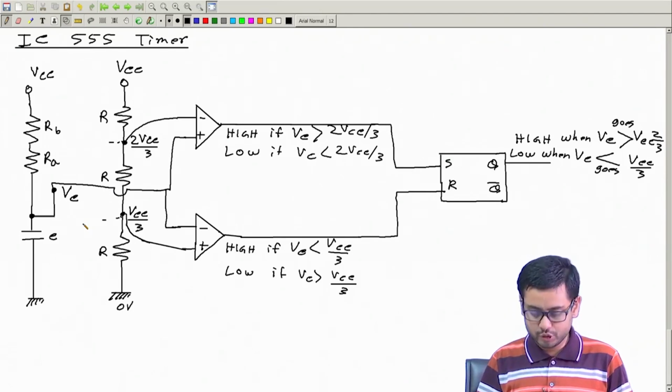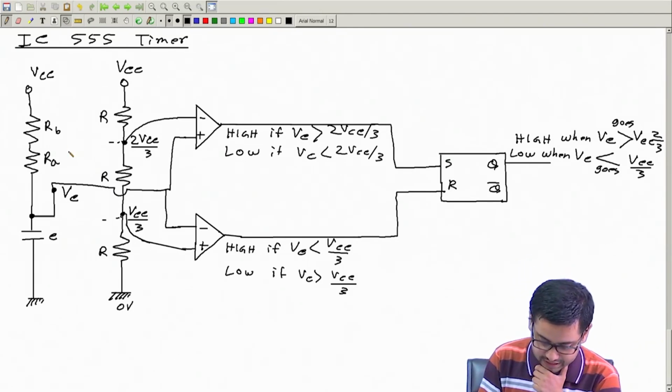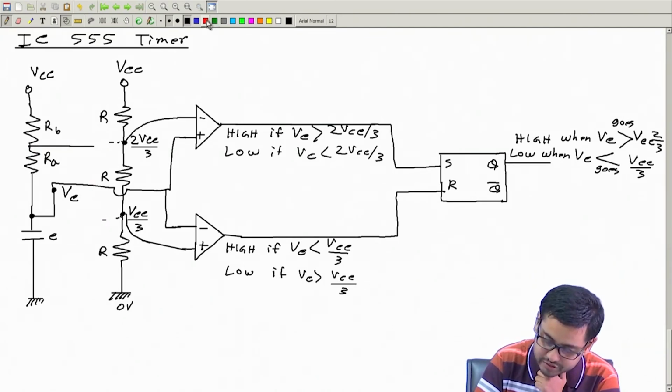And I will take a kind of switch, a transistor based switch, and connect it like this. Let me draw it in a different color.